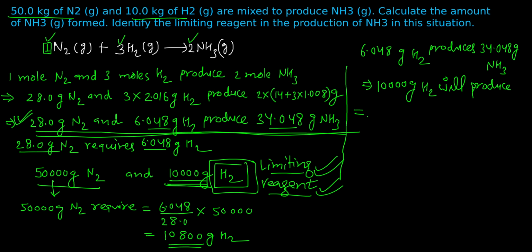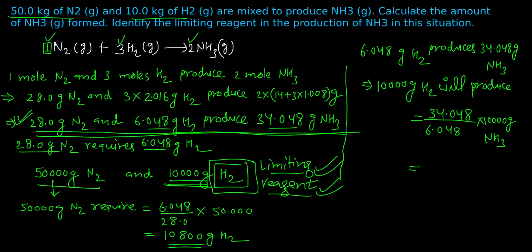So from here 10,000 gram hydrogen will produce how much ammonia? So 6.048 gram produces 34.048. So 1 gram hydrogen will produce 34.048 upon 6.048 gram ammonia. So 10,000 will produce into 10,000 gram ammonia. And let us solve this. How much will this be? 34.048 divided by 6.048 is equal to this, into 10,000.